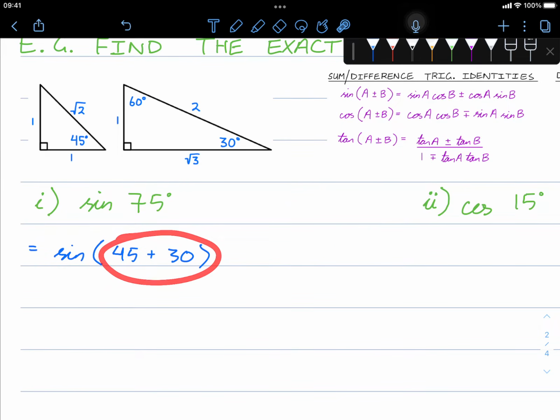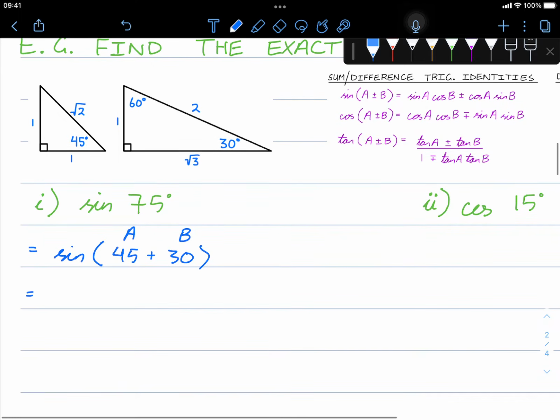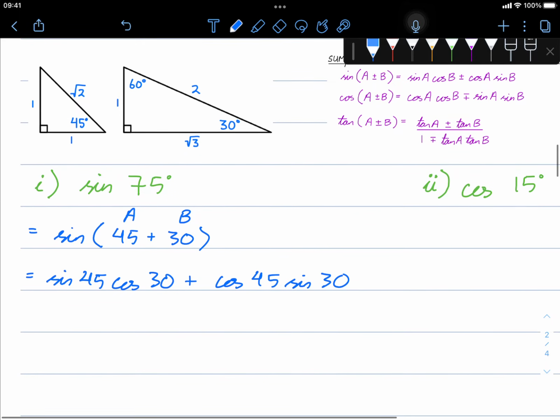This is now the sum of two angles for sine, so we're going to use this identity here. So that's A and B. This will give us sine 45 cos 30 plus cos A, which is cos 45, sine 30.